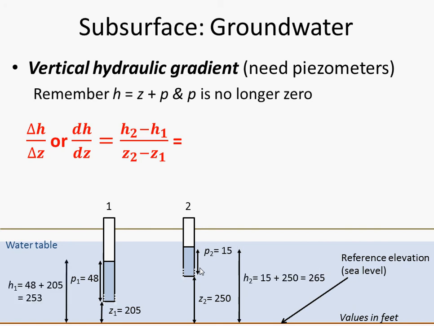Both of those things added together give you H. So in practice, really just knowing the height of the water in your well above sea level is all you need to know. I'm just showing you how that gets broken down into Z and P in this case, but they add up to the height of the water in the well above sea level.